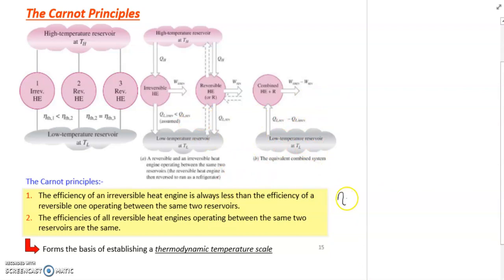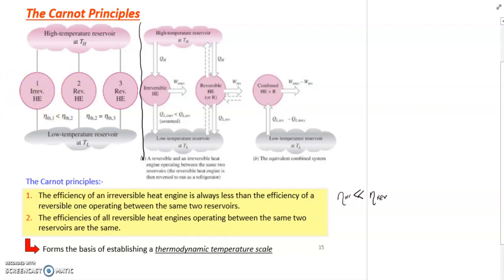The efficiency of the irreversible is always less than the efficiency of the reversible. The second principle states that the efficiency of all reversible heat engines operating between the same two reservoirs is the same.